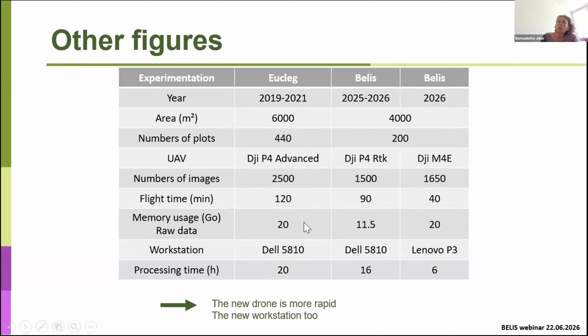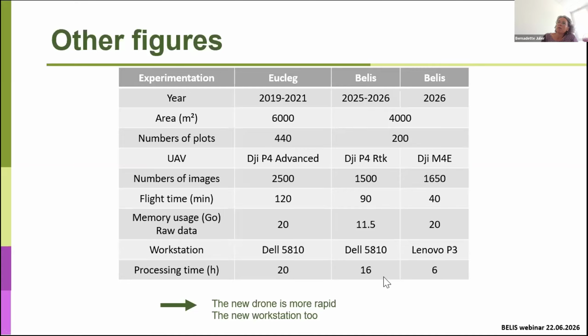We need a lot of memory, of course, so it means that we need servers. And with the new workstation, not to make some advertisement for Lenovo, but because of its properties, the processing time is now 6 hours instead of 16 before for the same trial.